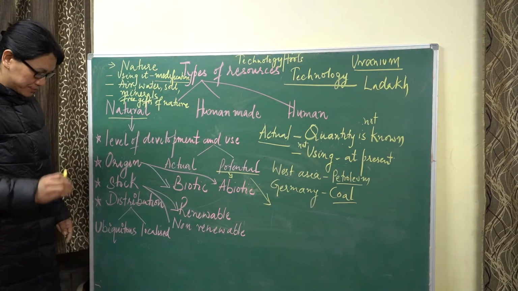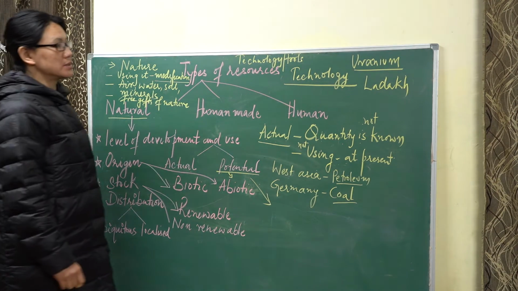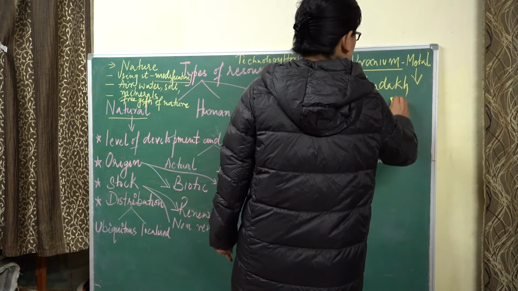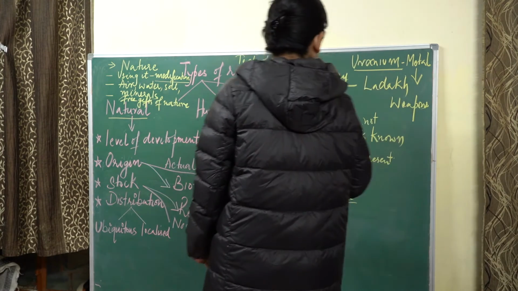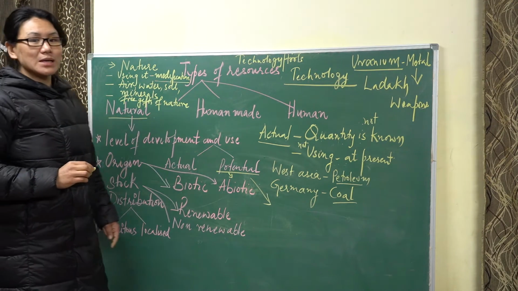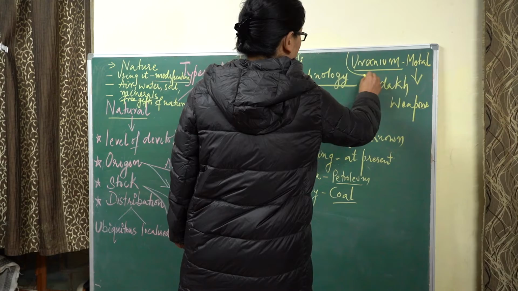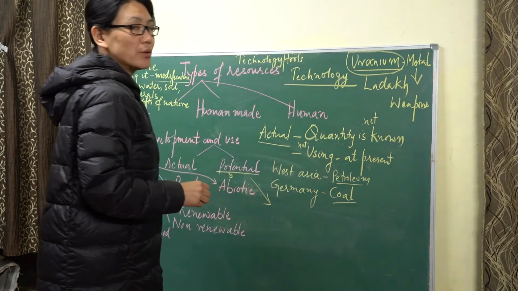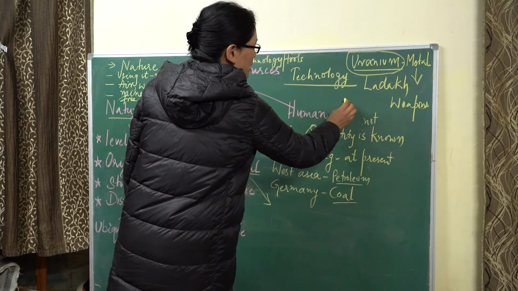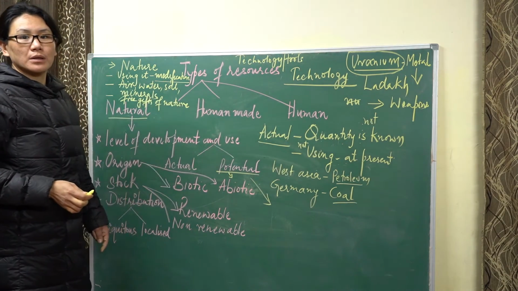Now, this uranium is a metal. And what is the use of this one? It is used to make weapons. Is that clear? Nowadays, countries are using this potential resource, uranium, to develop weapons.